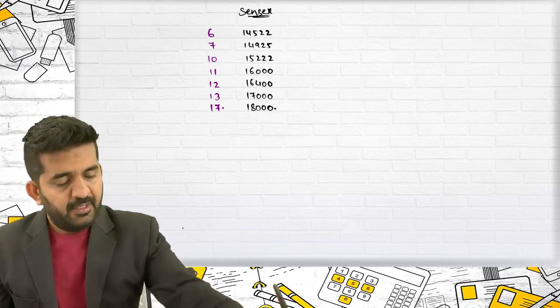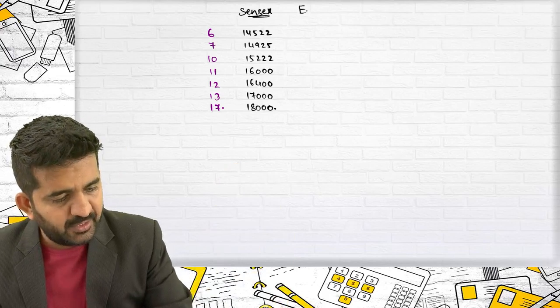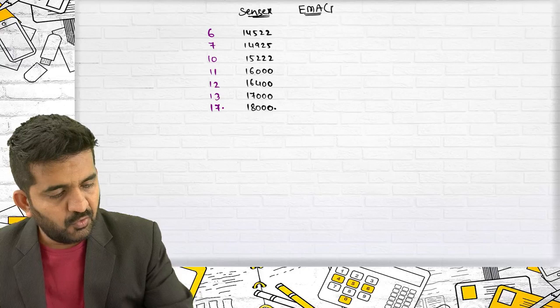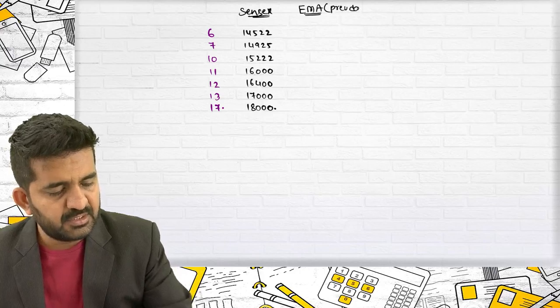Start. Now, what is required is the exponential moving average of the previous day.